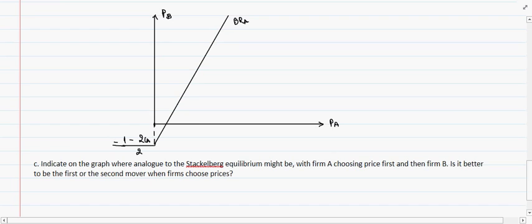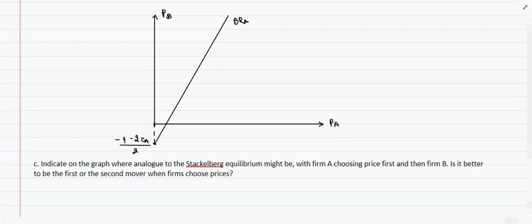Okay, so that's the vertical intercept over here. So the intercept over here is -1 minus 2 CI, everything divided by 2.